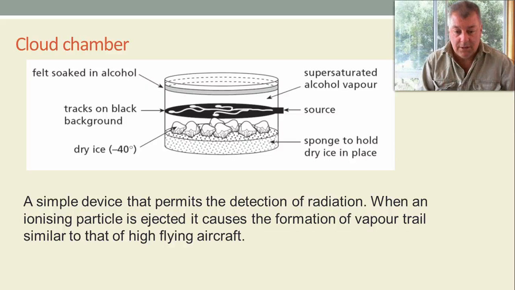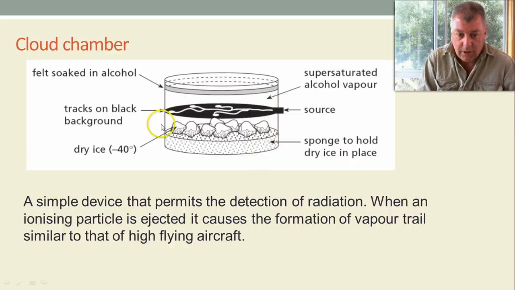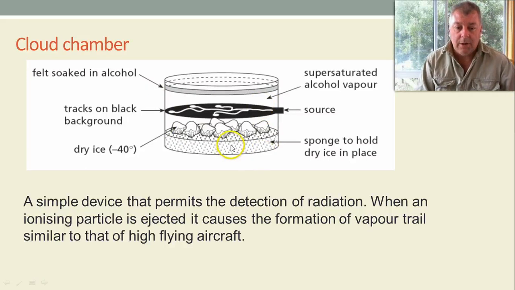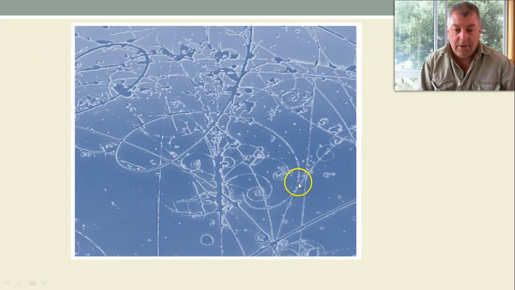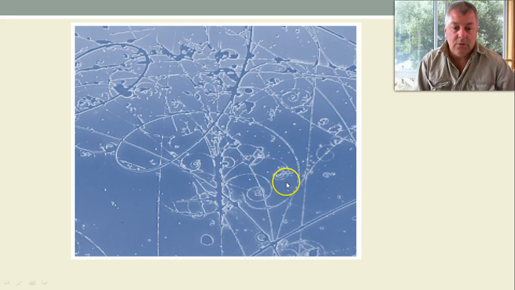You just see this little split of clouds going across, and that's evidence of where a particle has gone through, because to make those clouds it's got to be ionizing, and so it goes ripping through and makes these clouds. I think on the OneNote I'll be putting some videos of cloud chambers for you to see, much better than we could actually do with our tiny little one that we have at school.